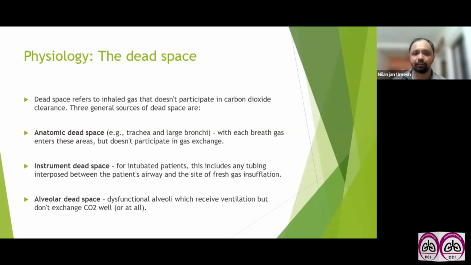Then we have the instrumental dead space, mainly for the intubated patients, or even the tubings and the circuits, or any other device which is interposed between the patient's airway and the site of the fresh gas insufflation, be it a ventilator or a Bain circuit. And then the alveolar dead space, which is the dysfunctional alveoli, which receive ventilation but don't participate in carbon dioxide removal.